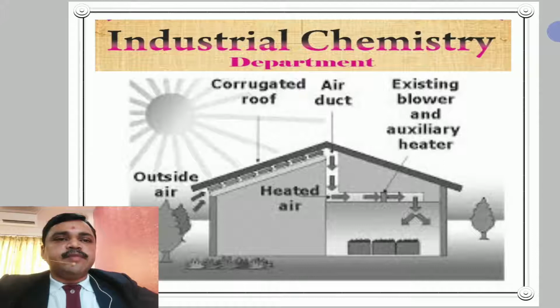This is also one type of drying system where air is directly heated in a flat plate collector. This heated air is passed to the required place where it transfers heat and removes moisture from our product, and the moist air is exhausted by a blower or other forced circulating equipment.